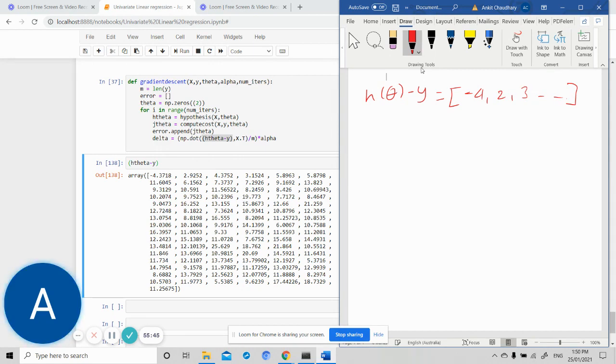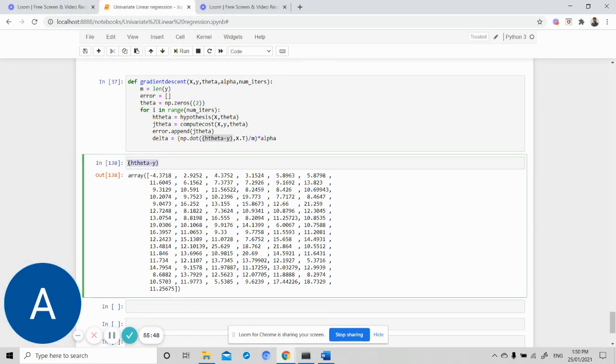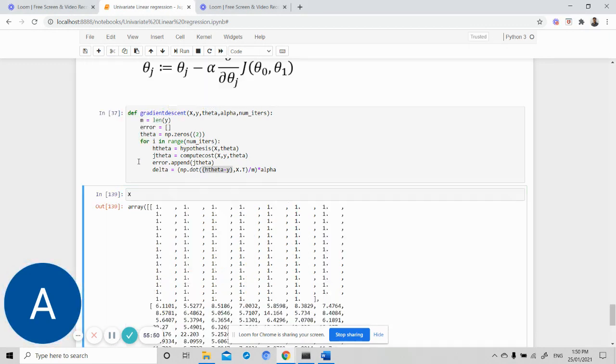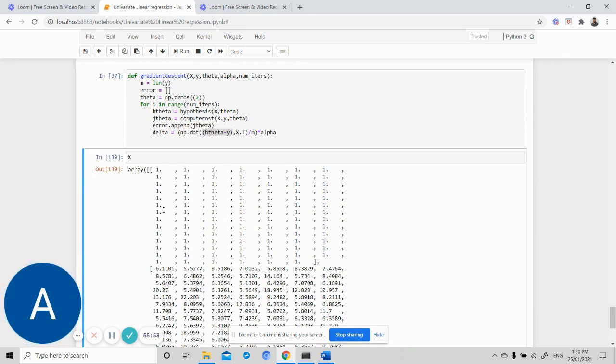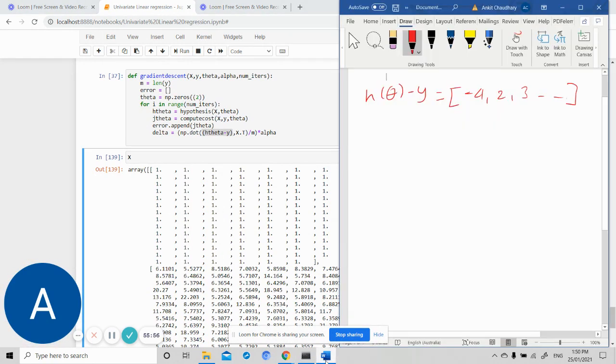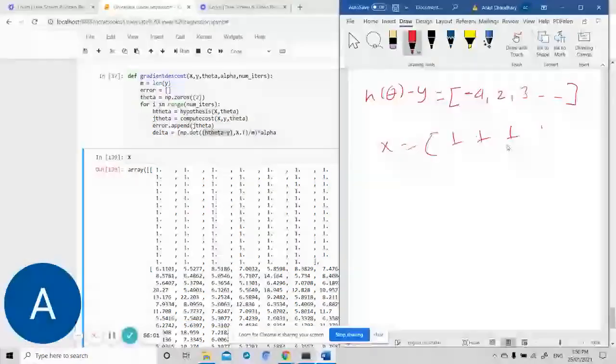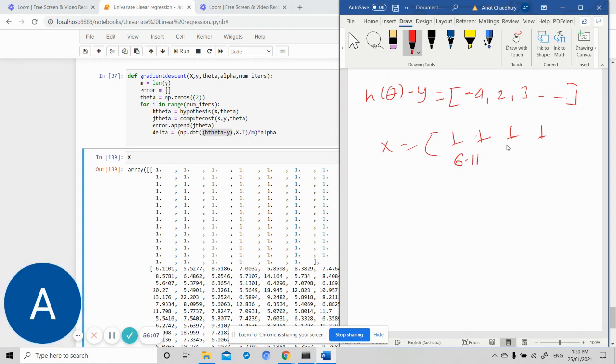Okay, and my x is in a two-dimensional array, 1 6.11, 1 5.2, 1 7.0. Okay, so we need to transpose this in order to have a matrix multiplication.